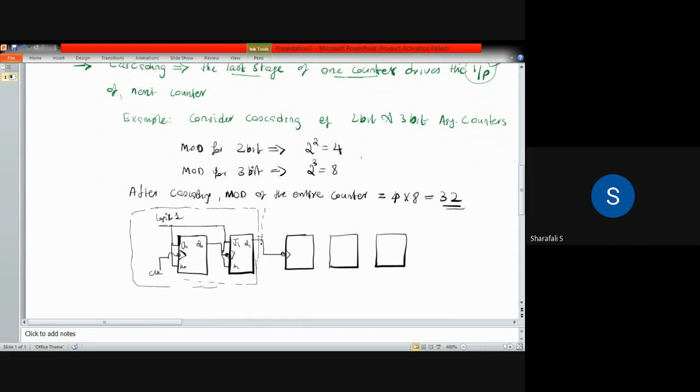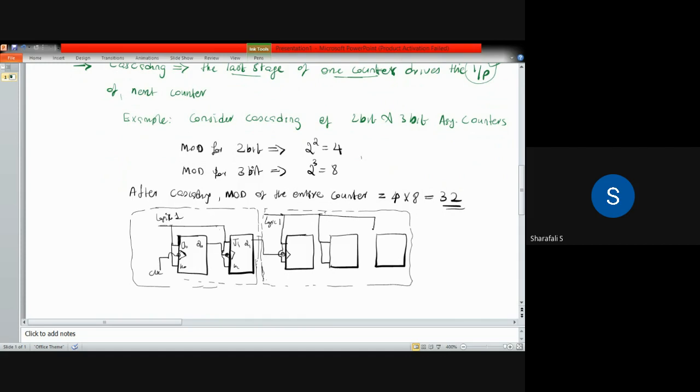So this part is your 3-bit counter, and again we have logic 1 connected to this flip flop, and here also we have the same logic 1 connected to this one.